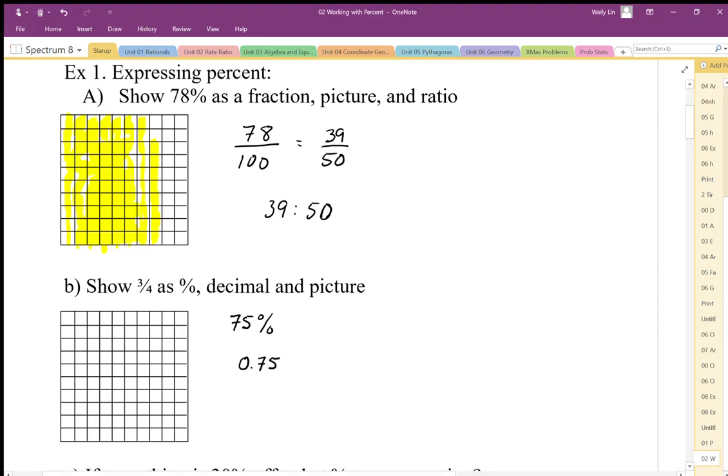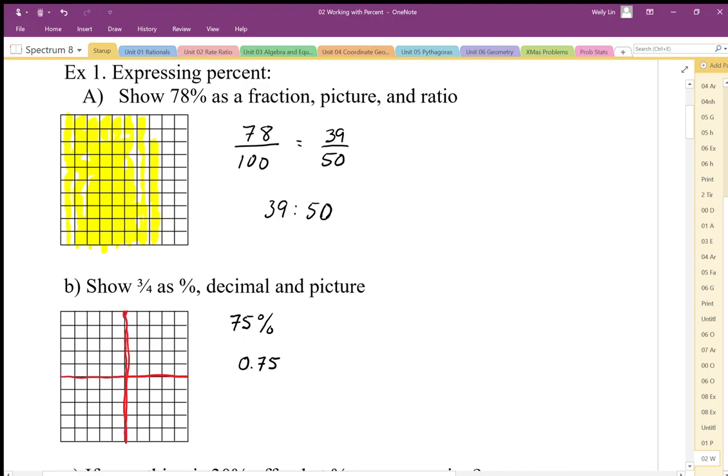As a picture, we could shade in 10, 20, 30 like that. But since 3/4 should be one of our benchmark fractions, we can draw 3/4 by drawing in 3 parts out of 4.